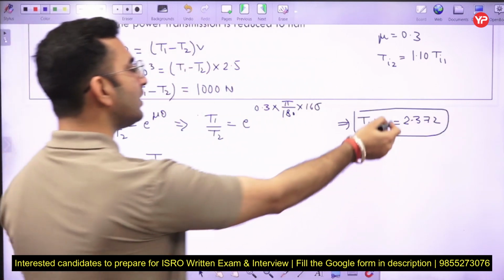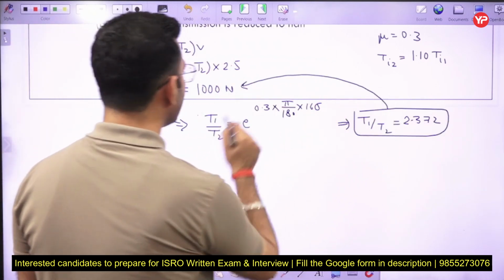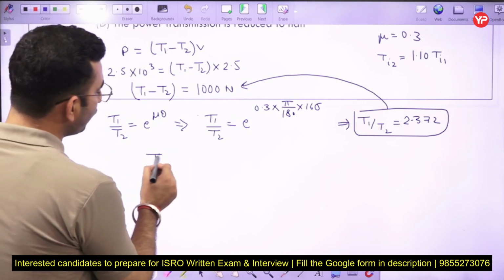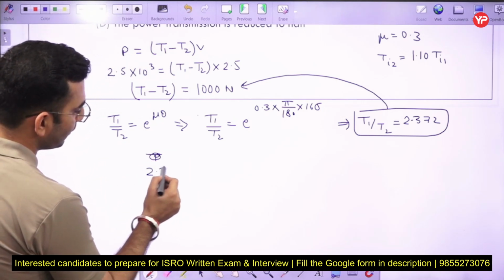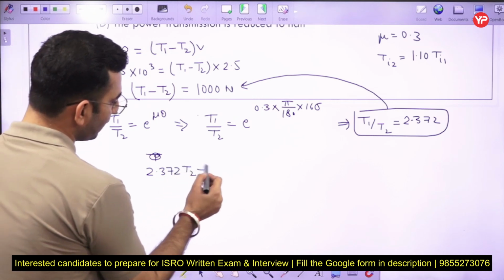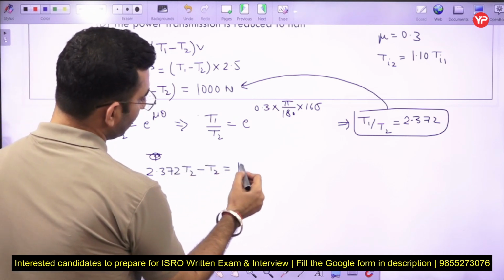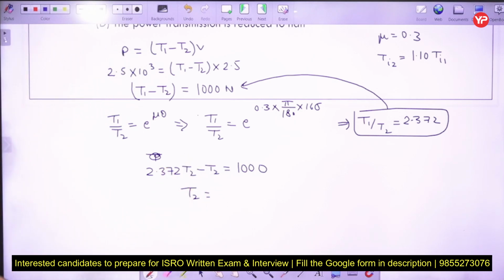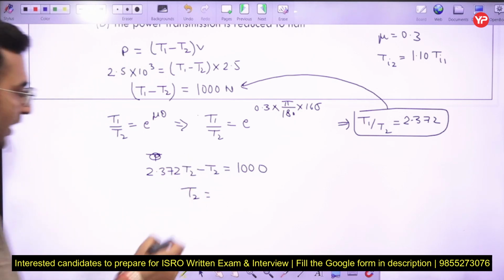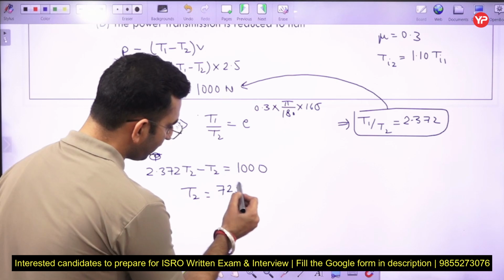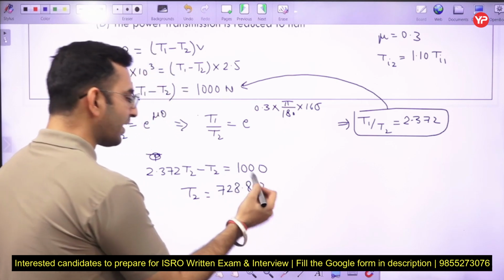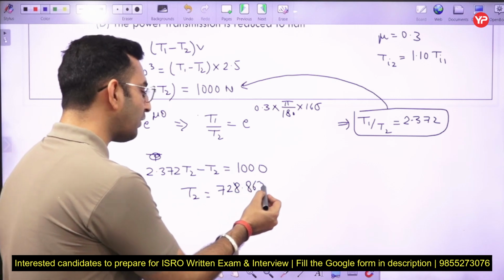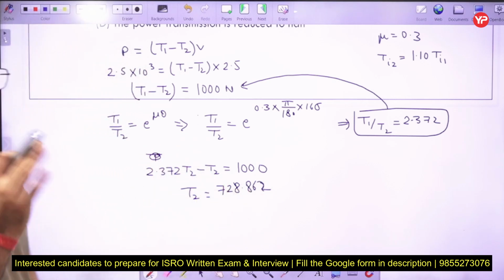So if I use this relation in this first equation, T1 minus T2 equal to 1000, you are going to obtain the value of T2 here, and it is coming out to be around 728. I have calculated it with my calculator. Okay, so just calculate it one more time and get the accurate values here.